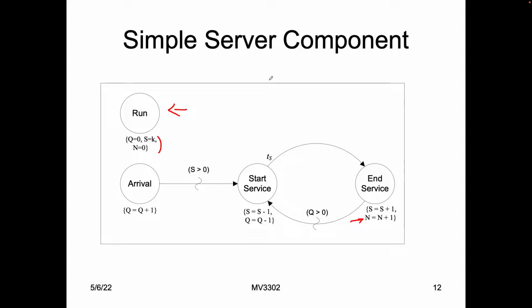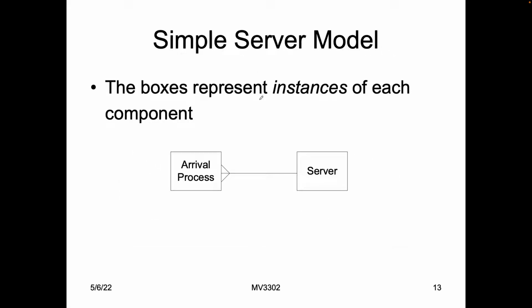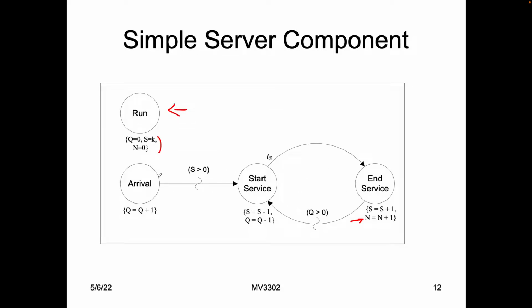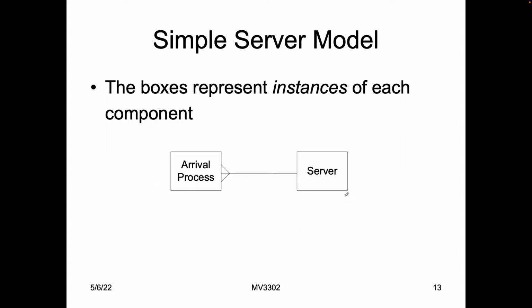In other words, to create a model, we need to drive it with something. To recreate our multiple server queue model, we need to drive it with an arrival process. An arrival process by itself will produce a stream of arrival events, and each of those arrival events will be heard by our simple server component and then kick off the whole other thing.